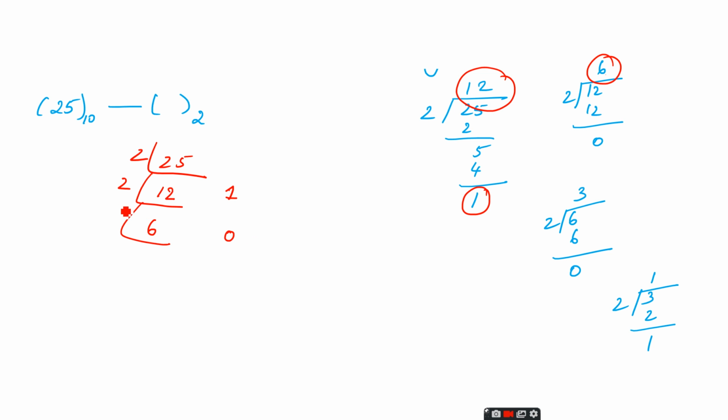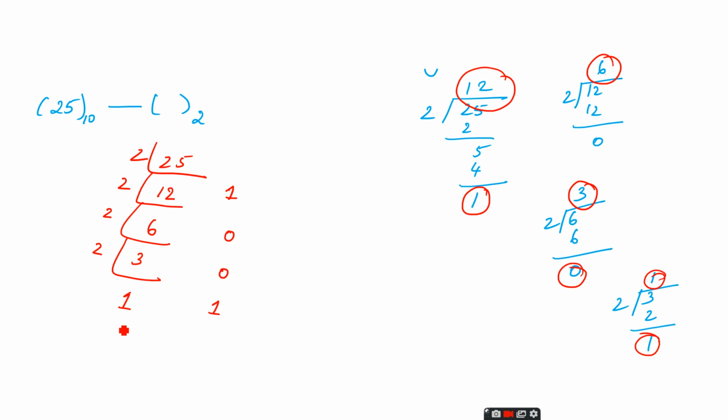Again, we are dividing 6 by 2. So we'll get the quotient as 3 and the remainder as 0. We'll write the 3 here and 0 here. Again, we will divide 3 by 2. We will get the quotient as 1 and the remainder as 1. And we will write the remainder here. Now, it is not possible to divide 1 by 2.